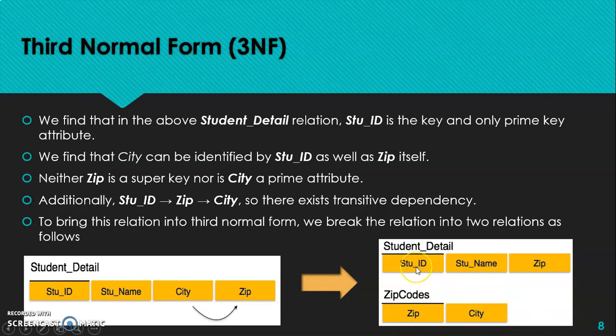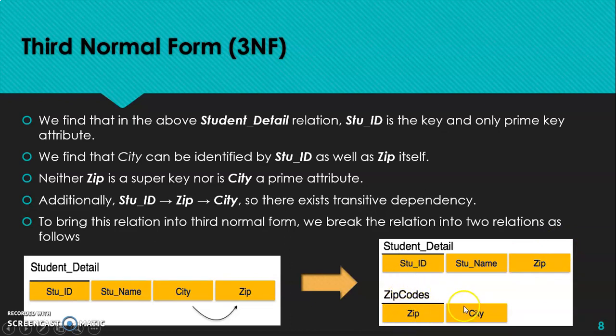If I want to find the city of a student, I will see this ID. From this ID, I will relate to the zip code of that student. Now the zip code will give me the city through the zip code relation. Here the zip becomes the foreign key, referencing the zip code table.